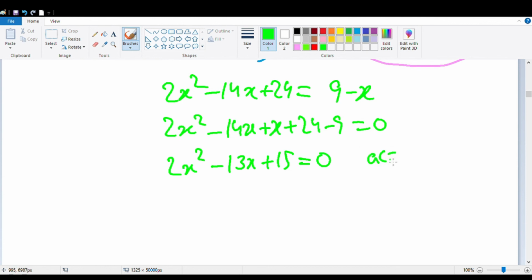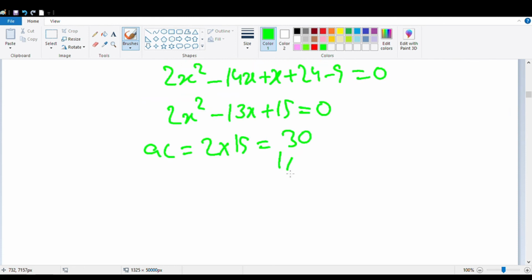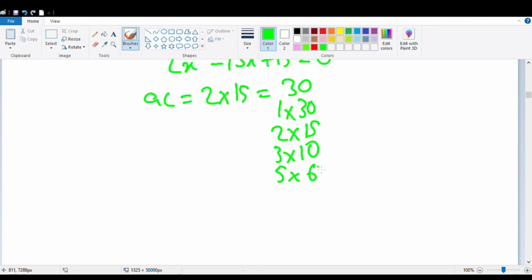Here AC is equal to 2 into 15, which is positive 30. So the factors are 1 into 30, 2 into 15, 3 into 10, 5 into 6, and then they keep repeating again.